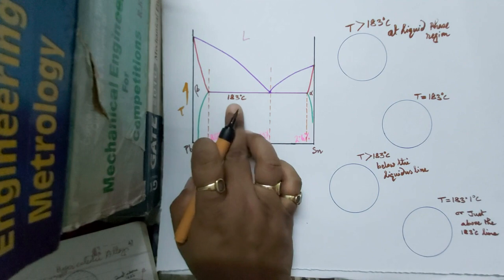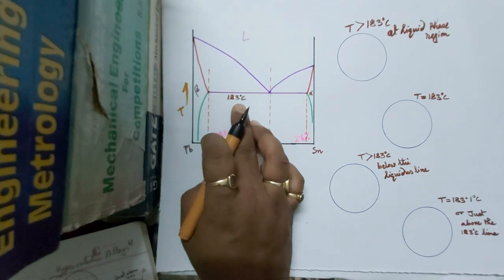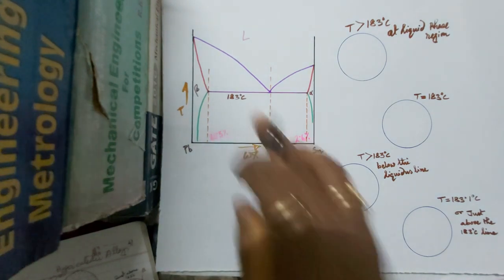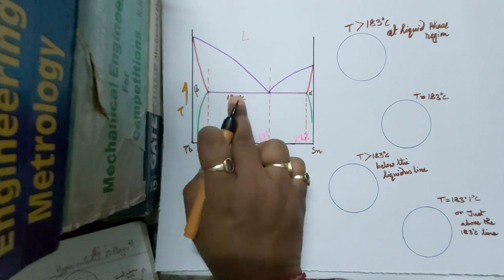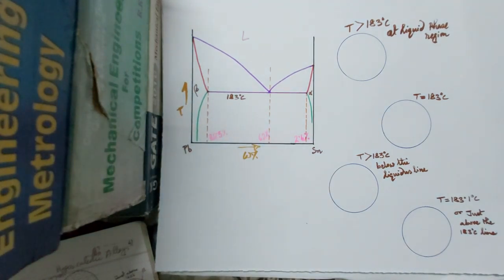This constant temperature line, or tie line, is at 183 degree C. So we have drawn this tie line at 183 degree C. Now we will see the different microstructures.